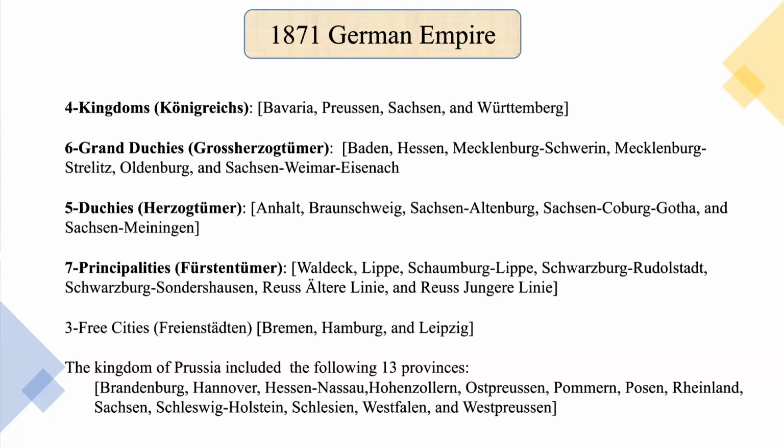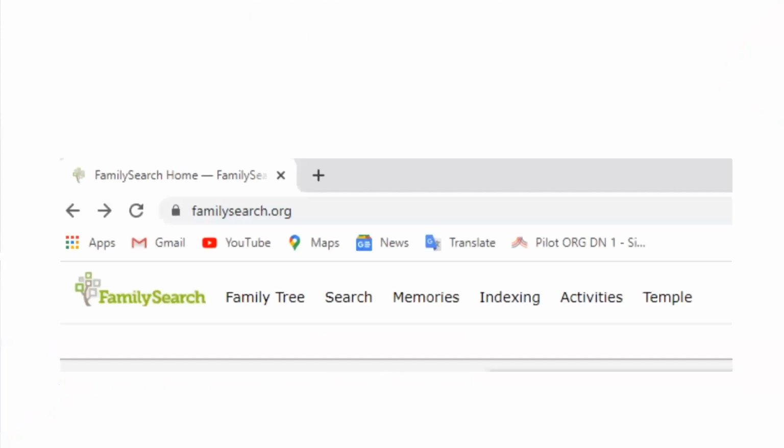In 1871, the Kingdom of Prussia included the following 13 provinces. If you know the nobility or provincial area your ancestor was from, you can access a great deal of important information and resources that can assist you with your family research. After logging on to Family Search, click on the Search tab.